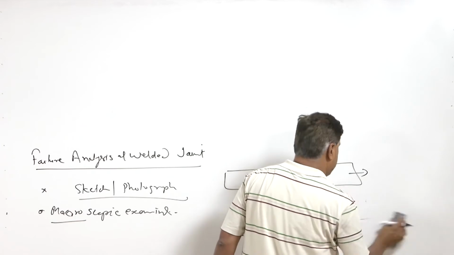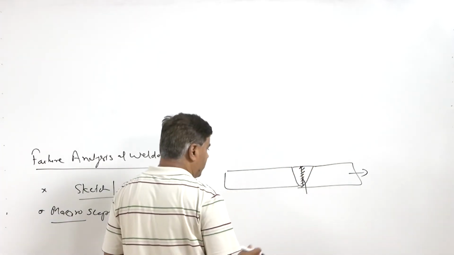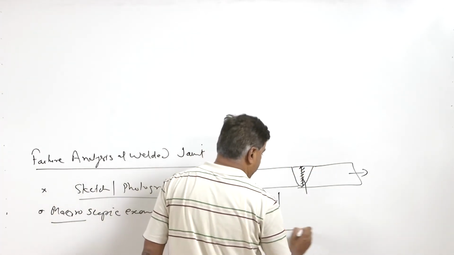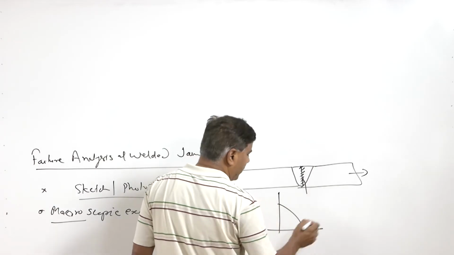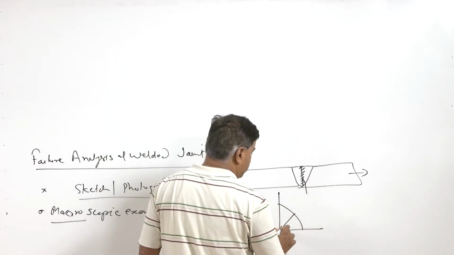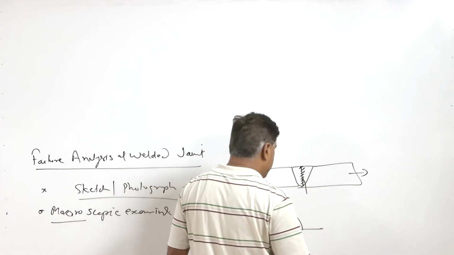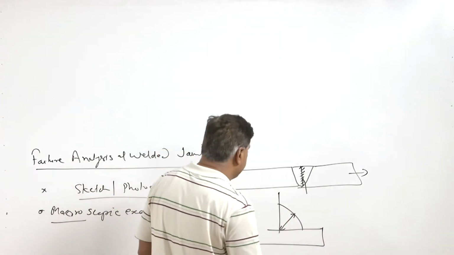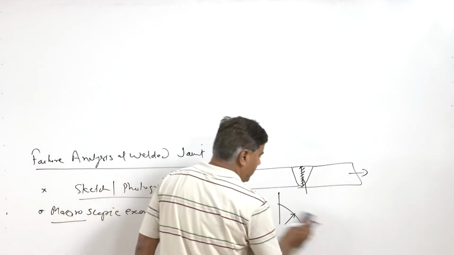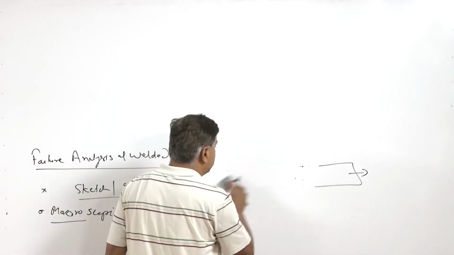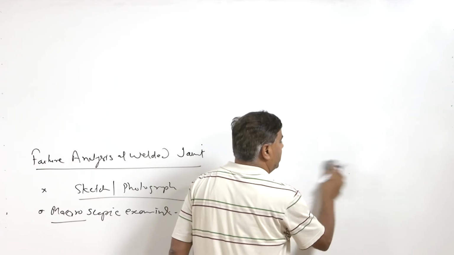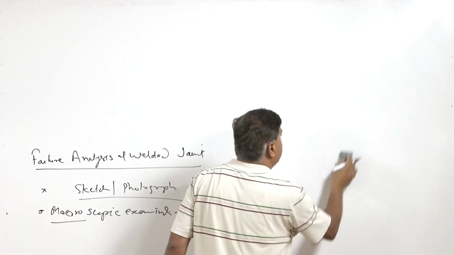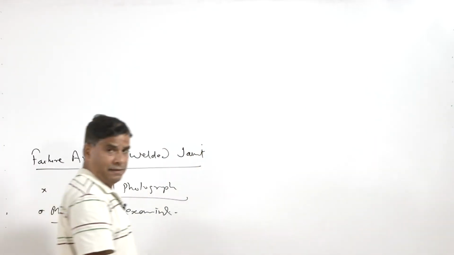This is the case of the butt weld, but in case of fillet welds, for a given thickness there is a minimum throat thickness requirement which must be fulfilled, and that can be measured simply through macroscopic examination to have a general idea about the weld cross sectional area, whether it was sufficient or not.